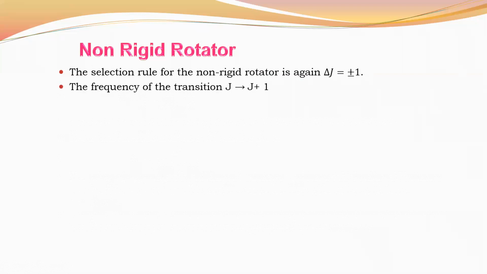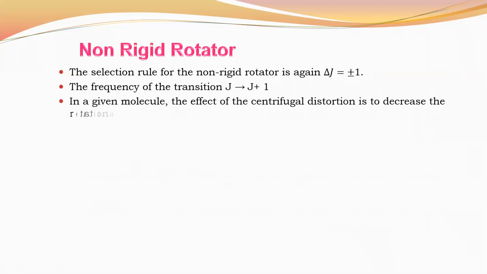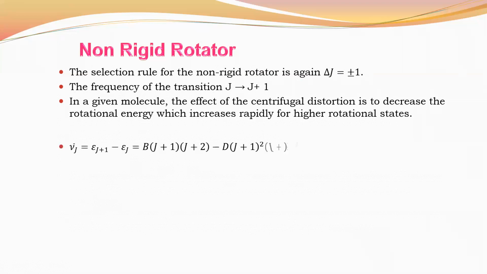The frequency of the transition from J to J plus 1 is given by nu J bar is equal to E J plus 1 minus E J, that is equal to B into J plus 1 into J plus 2 minus D into J plus 1 whole square into J plus 2 whole square minus BJ into J plus 1 plus DJ square into J plus 1 whole square.